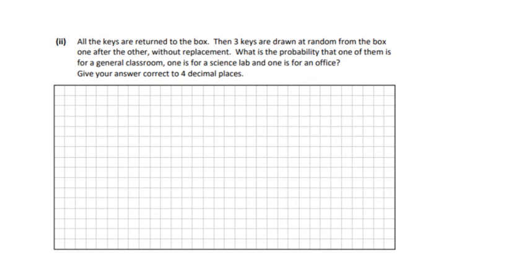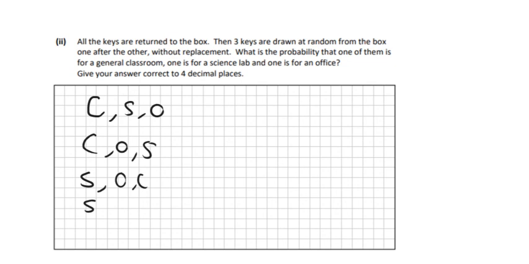Right, so let's think about all the kind of combinations we could have then. When you're picking out 3, I think there's going to be 6 altogether. You could get a classroom, science, and an office. You could get a classroom, an office, and a science lab. Then you could get a science lab, an office, and a classroom.